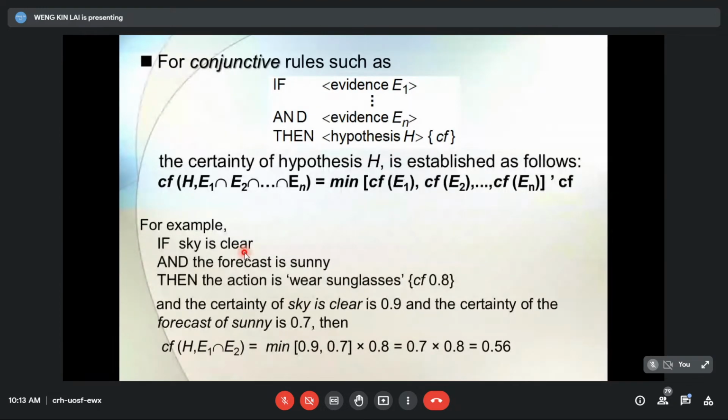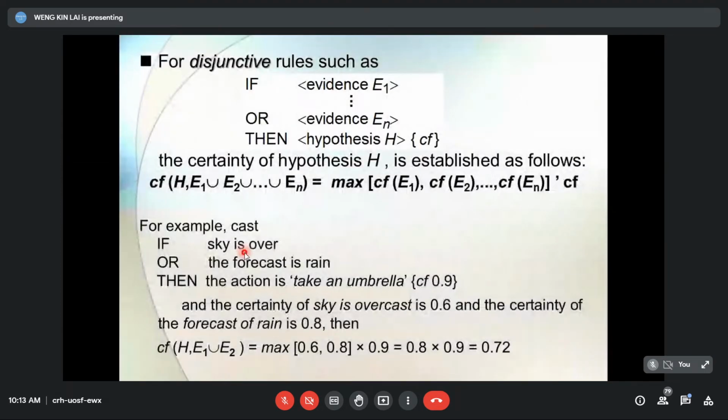Now, other than your conjunctive, we can also look at the disjunctive. So what does disjunction represent? They represent the OR function. So for example, again, you have many evidences, so you have evidence E1 until En. When you apply the disjunctive rule, that is, if evidence E1 is true, or E2 is true, or En is true, then your hypothesis H is true with a certainty factor of CF.